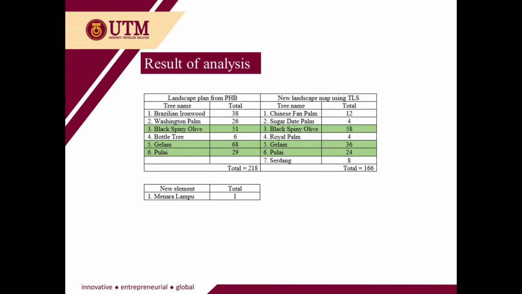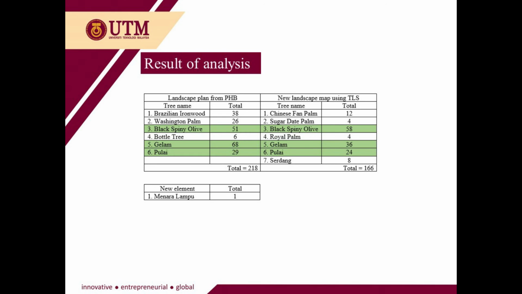Okay, this is the first result of the analysis based on table. You can see the first table is the landscape plan from PHB. There are 6 types of tree, and the total of trees is 218. And then the second table is the new landscape mapping using TLS.